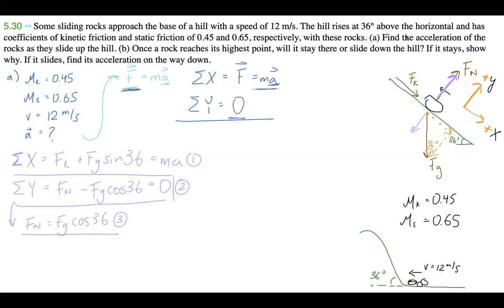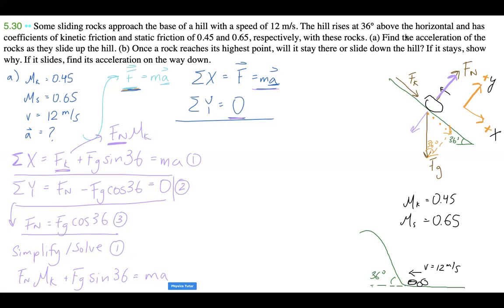Now let's simplify and solve 1. What is Fk? Fk can be written as Fn mu k, right? So I'm going to write that down. So Fn mu k plus Fg sine 36 is equal to ma.